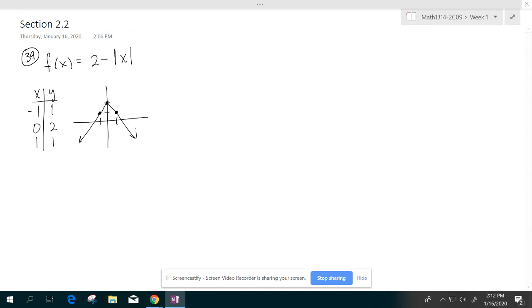Now listen, I kind of assumed something there. I assumed that just because these 2 points lined up, the rest of them would. It may actually do something like curve. I don't know. I just kind of assumed this and this. So what can I do to verify what I've drawn is correct?